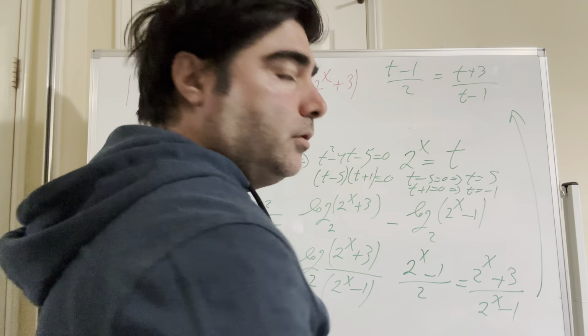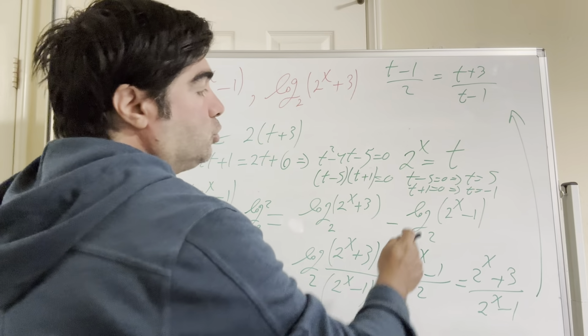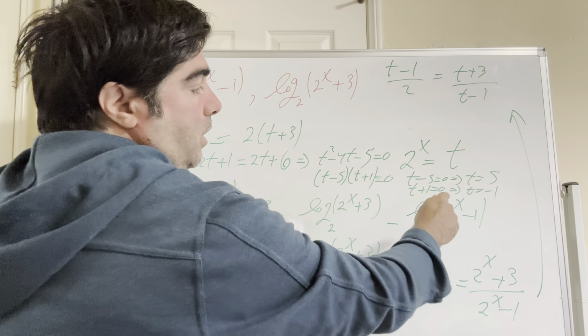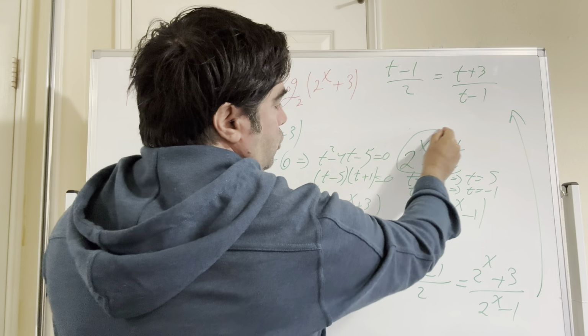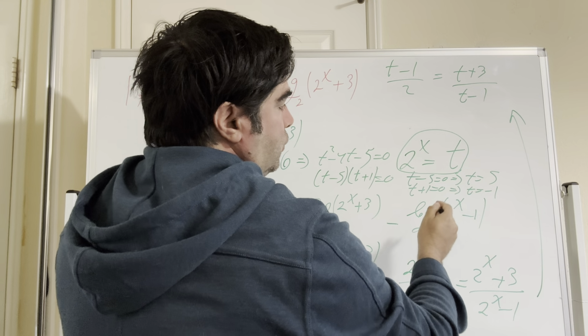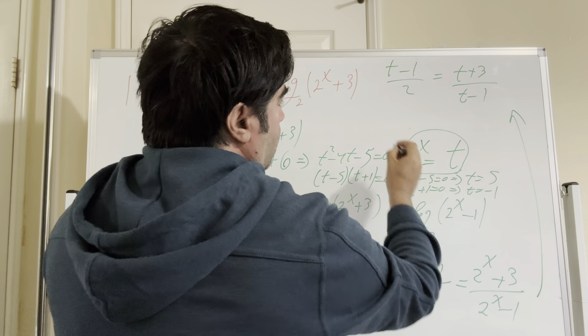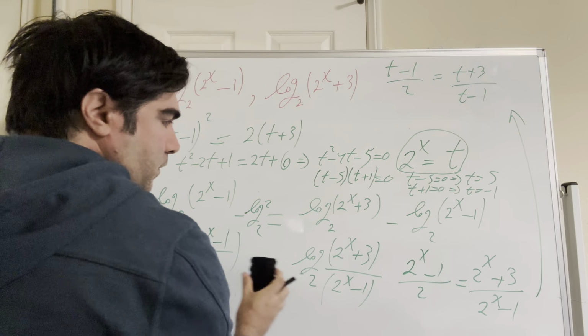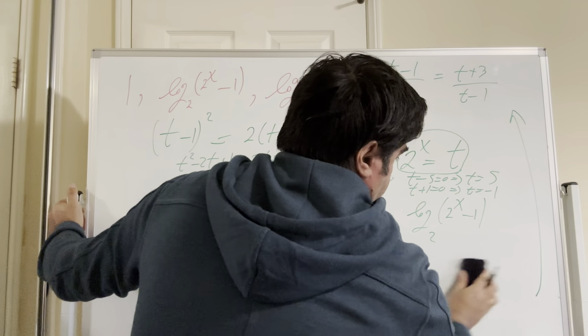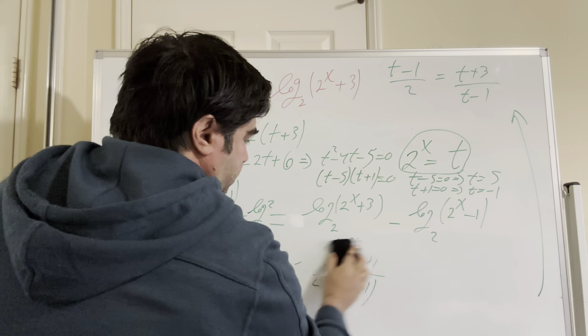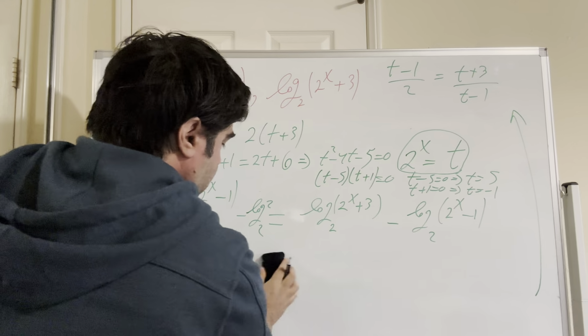Are we done yet? No, we are not done. We need to plug back these t's in this equation that we had here: 2 to the power of x equal t. Remember, we chose a variable. So let me get rid of some of the writing on the board.